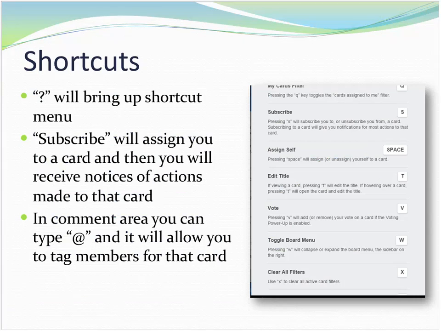If you want to tag somebody to a card, you can just type the ampersand, and it will allow you to tag the members. The members pop up, I think, and you can select which ones you want.